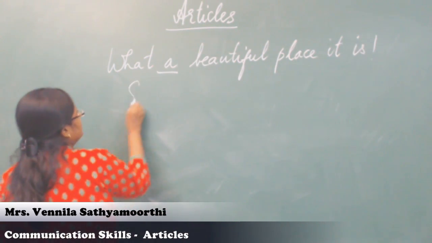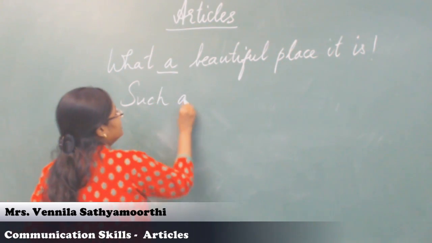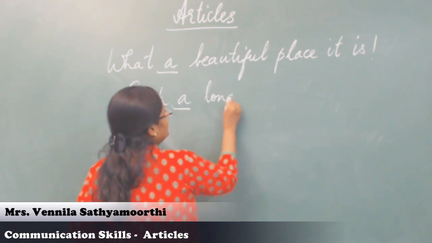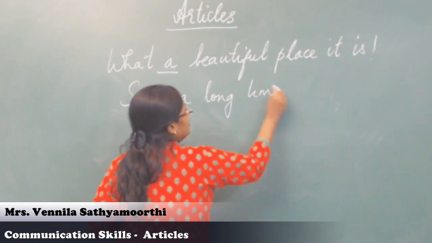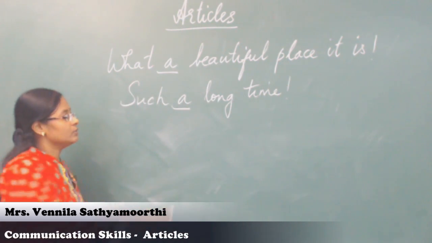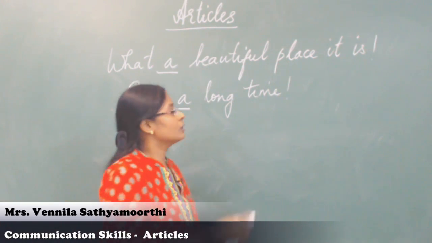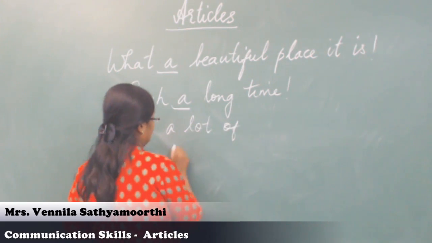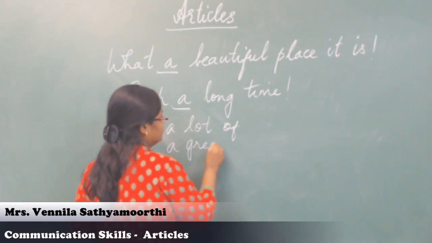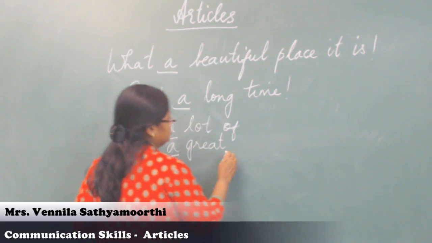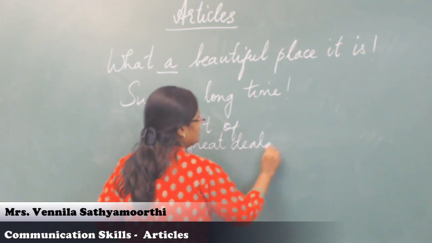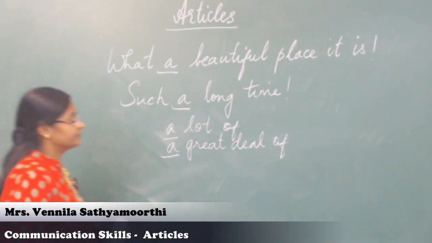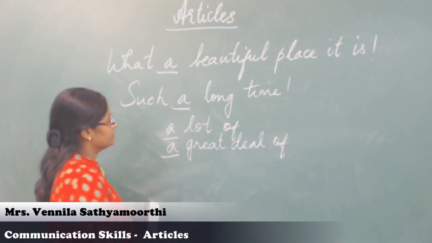Then, such a long time. So here we talk about the quantity, a long time, a lot of, a great deal of. So all these phrases use the article a. Okay.